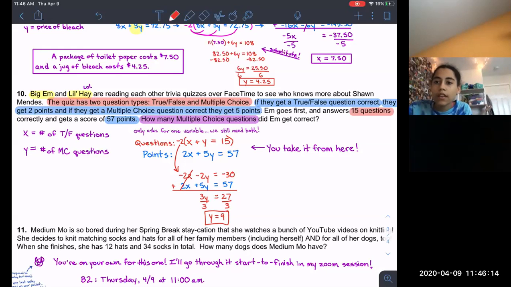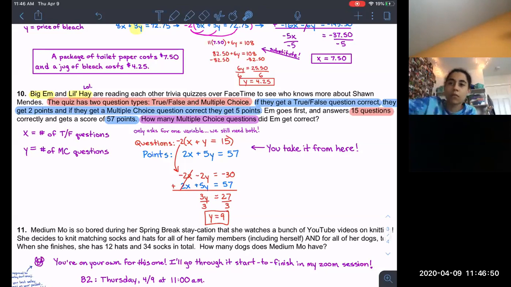No. Are you sure? What is the problem asking? How many multiple choice questions? Do we need to write down how many true false questions there were? No. You would get 45 points, right? But the question did not ask that either. All it asks is how many multiple choice questions did N get correct. So we found the number of multiple choice questions because that's equal to y.